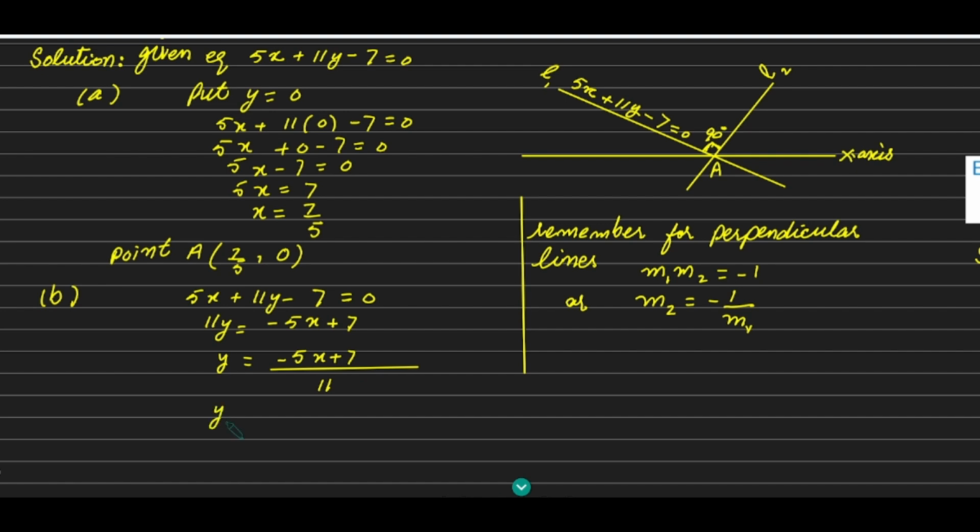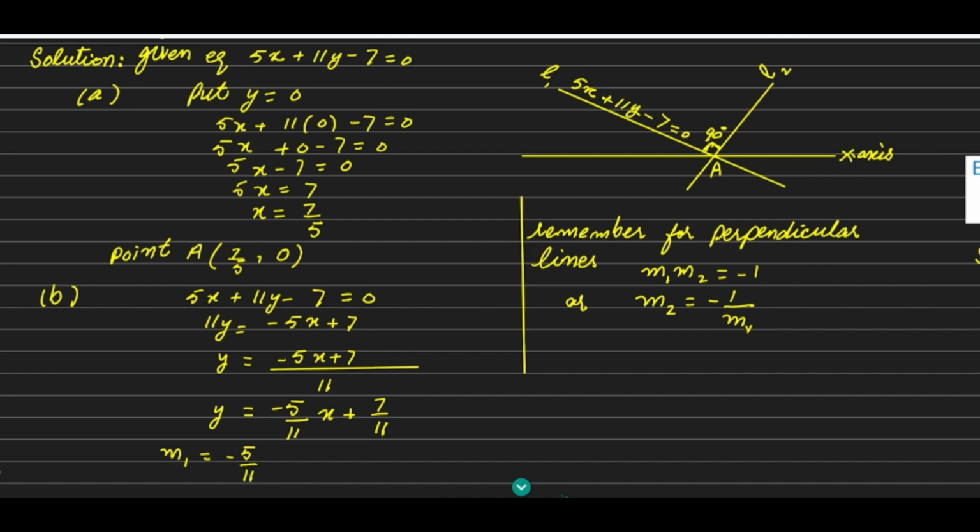So we get y equals minus 5 over 11 x plus 7 by 11. So the gradient of the given line, say m1, will be minus 5 by 11.